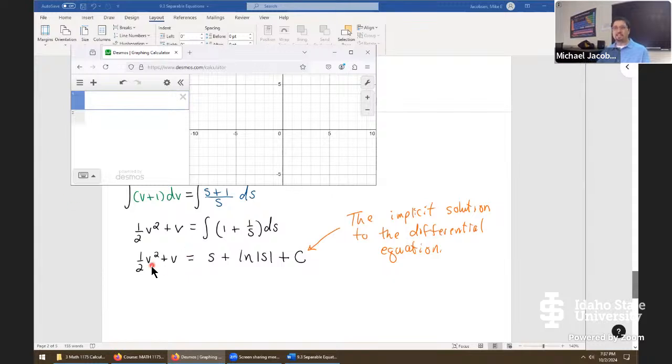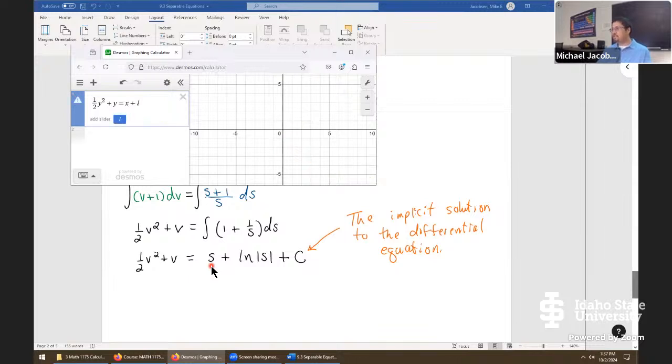Let's think of that as a y and see if Desmos interprets it correctly. 1/2 y squared plus y equals, I'm going to interpret this as an x value. Looks like we're getting the right things. Plus the natural log of the absolute value of x plus some constant. It looks like it went awry right here. I'm not too sure why.